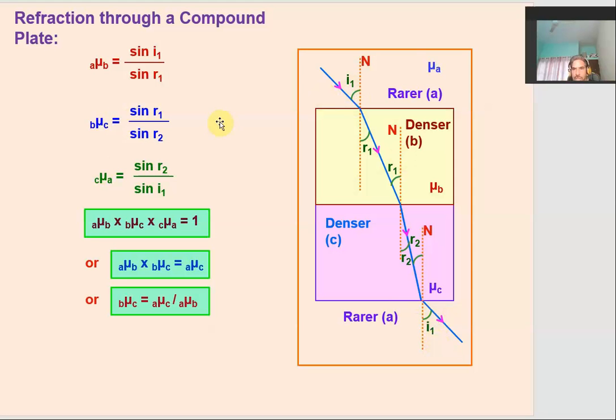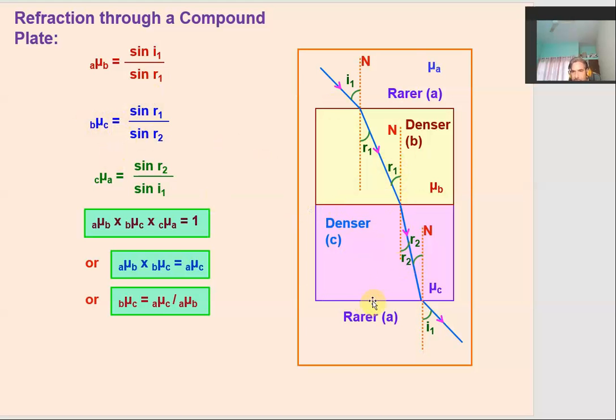Now we just have to apply Snell's law at all three surfaces. At the first surface, the light ray is coming from medium A to medium B, so mu BA is equal to sine I1 upon sine R1. At this interface the light ray is entering medium C, so mu CB is equal to the sine of the angle of incidence, which is R1 here, to the sine of the angle of refraction, which is R2 here.